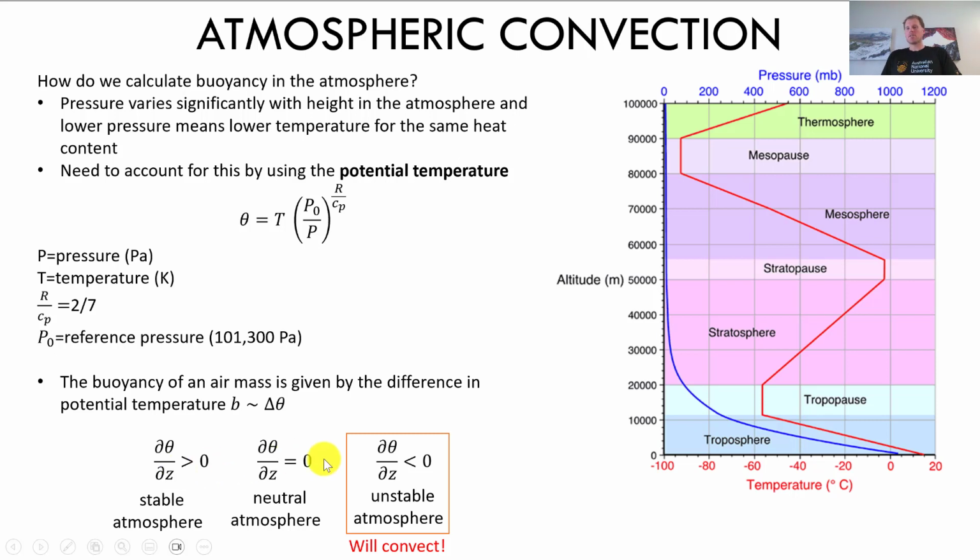If it's constant with height, you have a neutral atmosphere. And if it decreases with height, you have an unstable atmosphere. And that's the situation where it's going to convect as a result. So usually we have a situation that's neutral or weakly stable, because if it is ever unstable, the convection acts to rapidly stabilize the atmosphere.